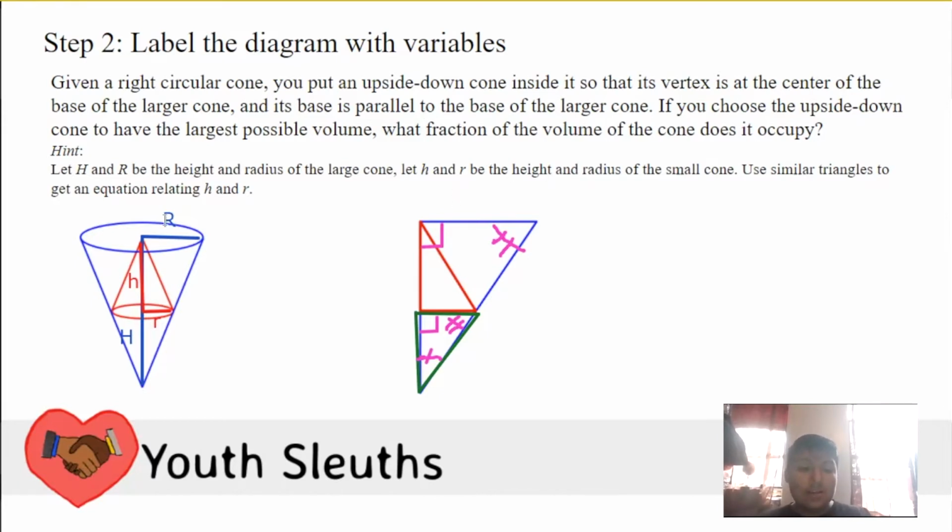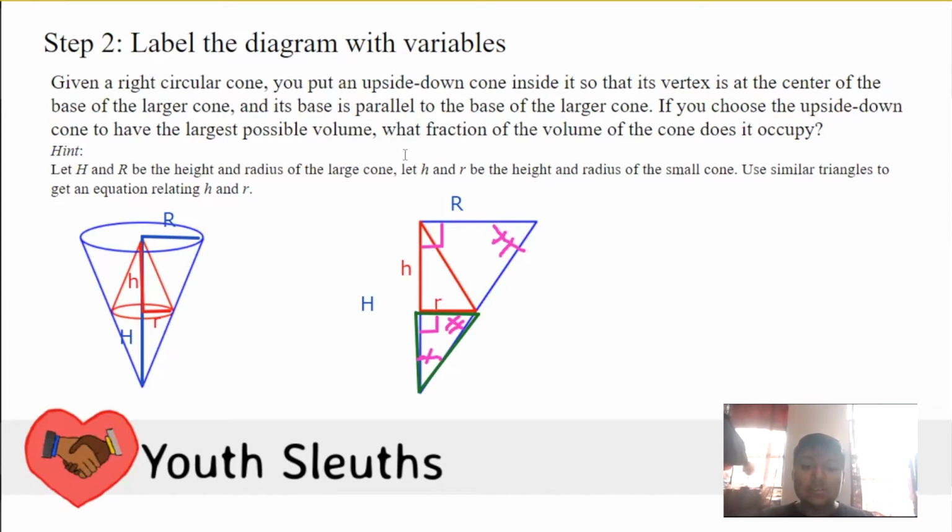Now that we have that they're similar, we can begin labeling them. If we look here, this line is still big R. This whole side would be H. This side, the red line, would be little h. And this side would be little r.